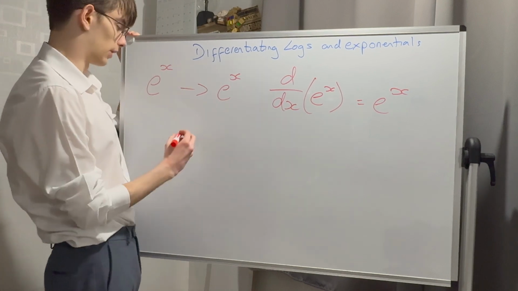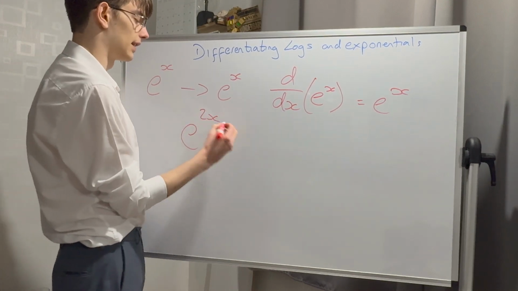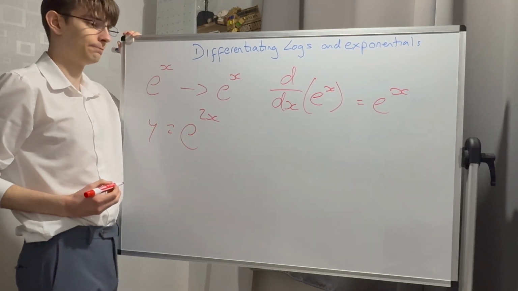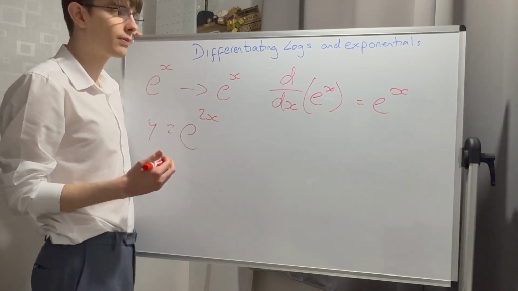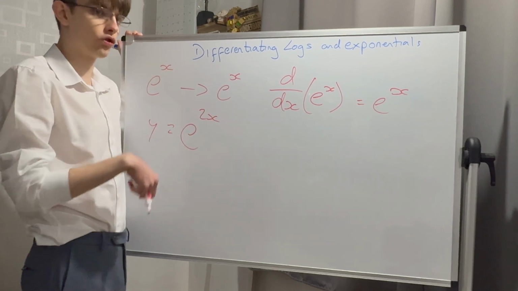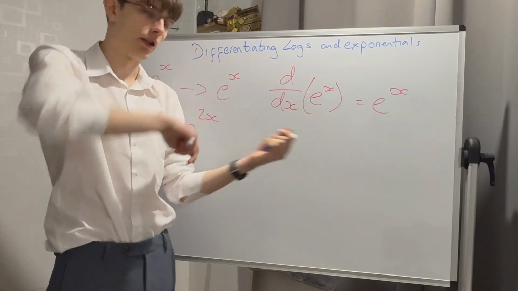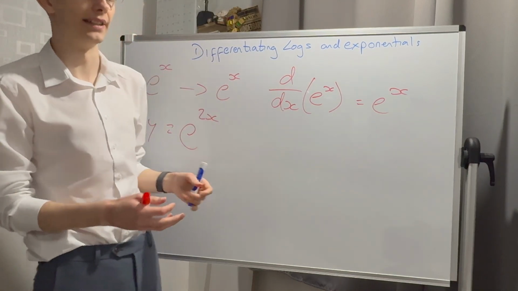Next question becomes, what if I have something like e to the 2x? What does that differentiate into? For this I'm going to be using the chain rule, which I haven't introduced yet. I'm going to introduce it formally next video, but just like in the last video on sine and cos, I'm going to tease it a little bit.